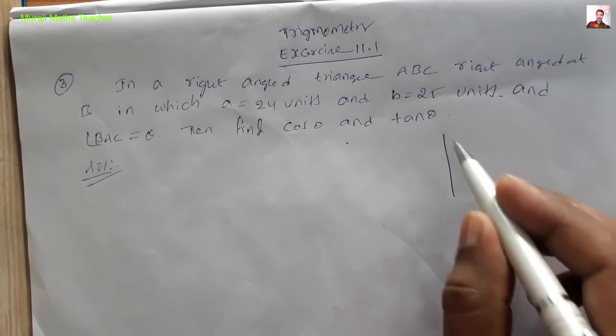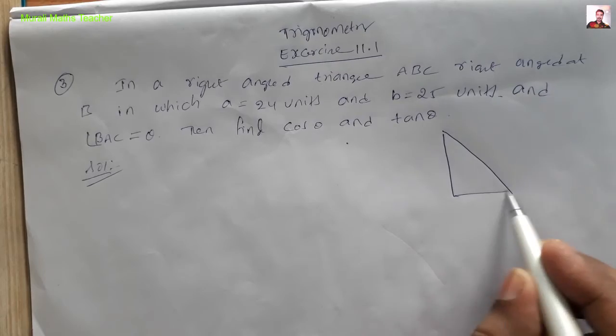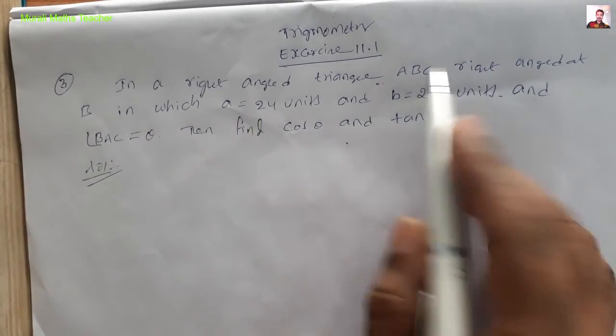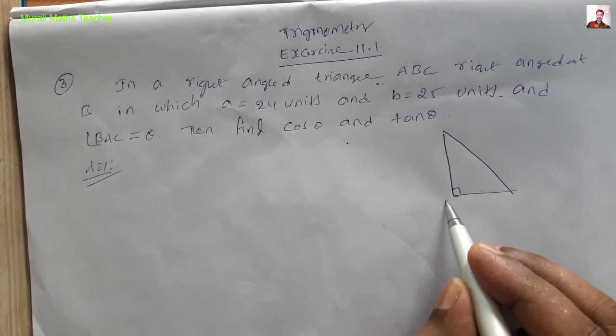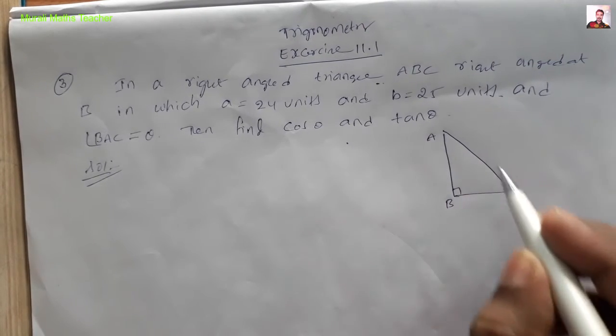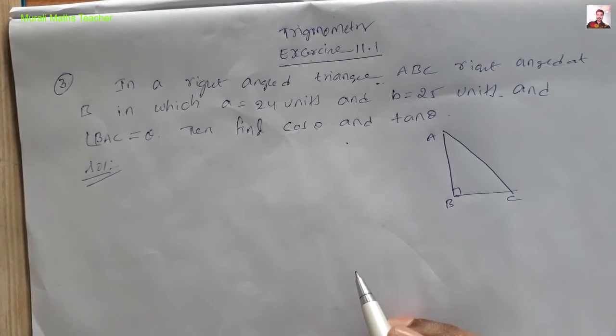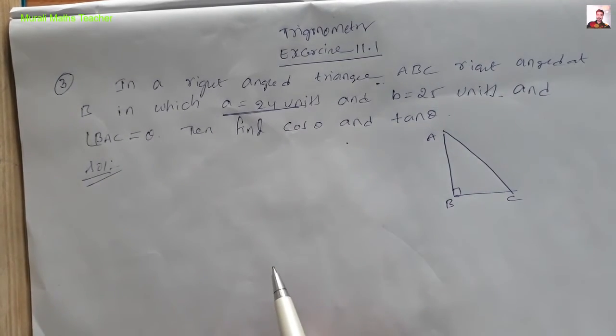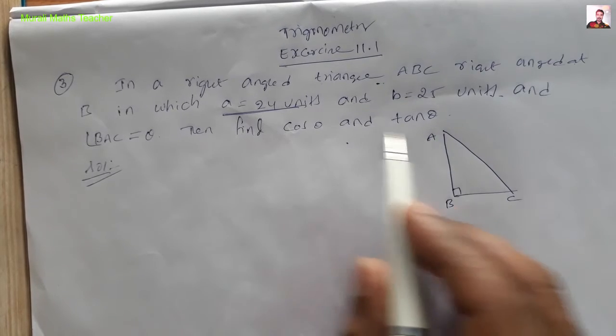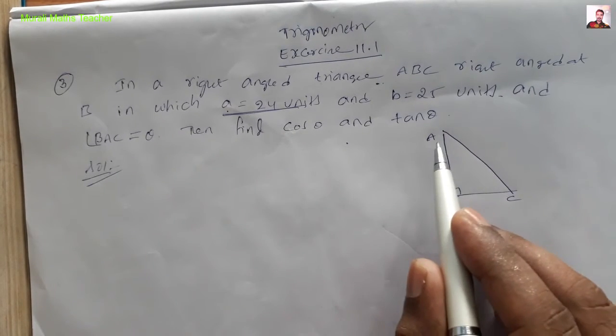Right angle triangle ABC, right angled at B. So mark 90 degrees at angle B. Then small a, 24 units, given. How to mark this small a?